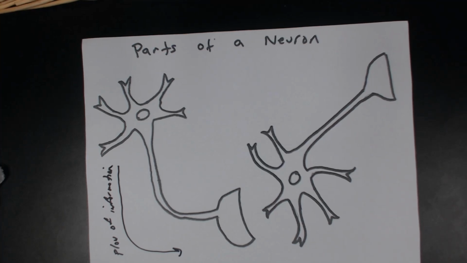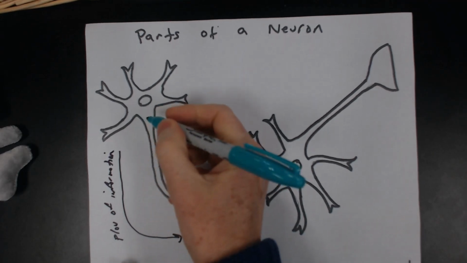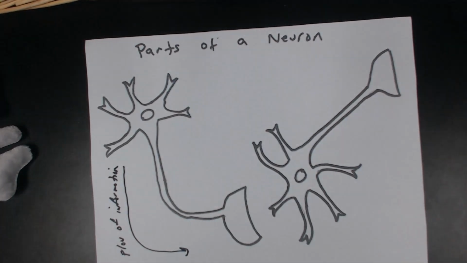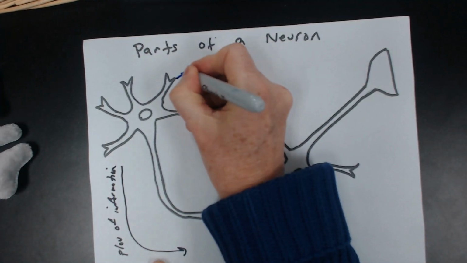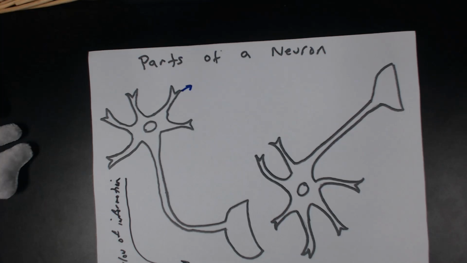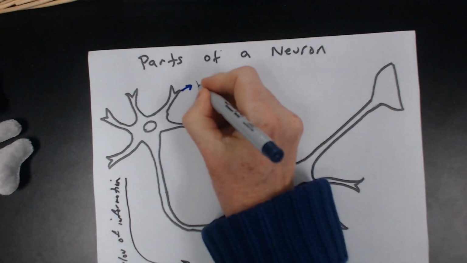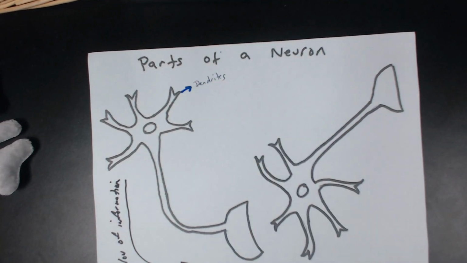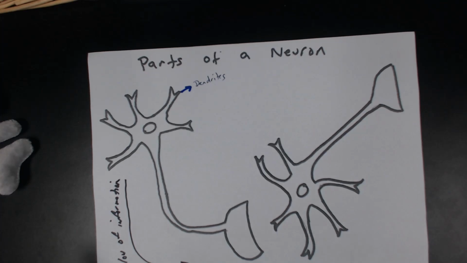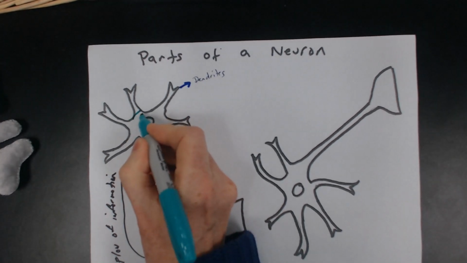Let's go ahead and move him aside, and I'll talk about this neuron. Here's the cell nucleus, and let's label the outside first. These things sticking out, does anybody remember what I just called those? Dendrites, right. These are your dendrites. Moving on down from your dendrites, you have this part of the neuron here.